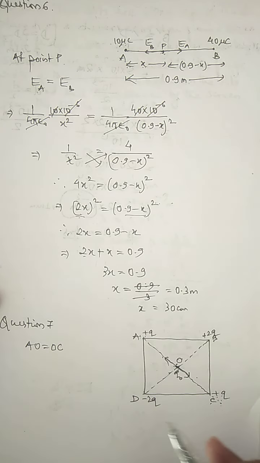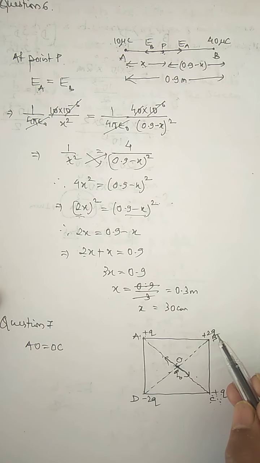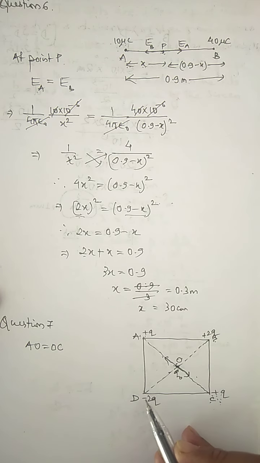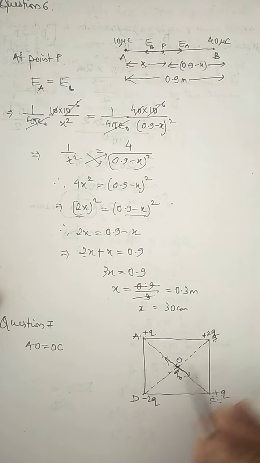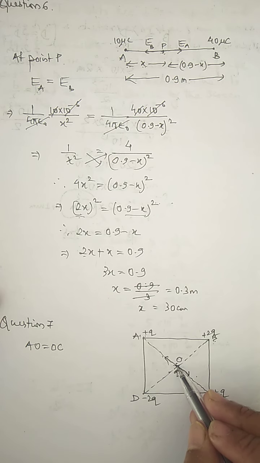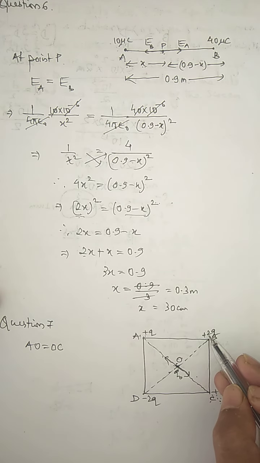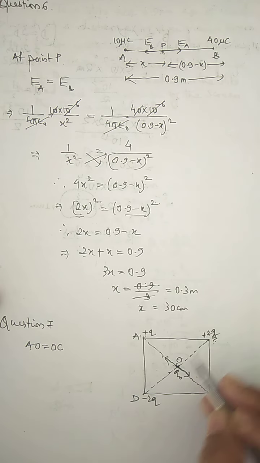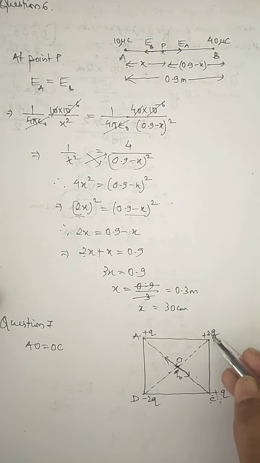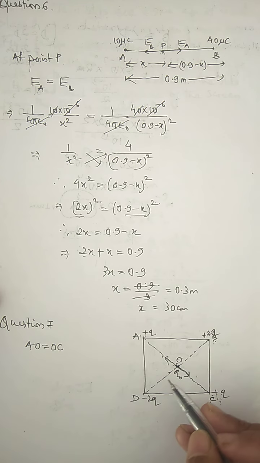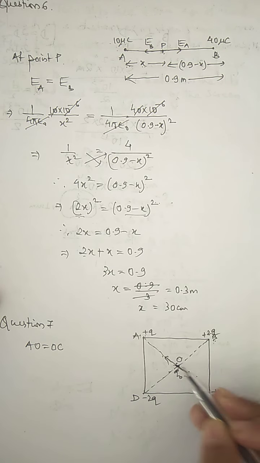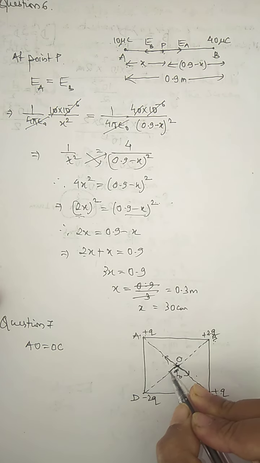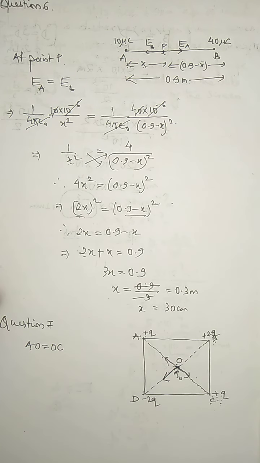But there are the other charges, which are plus 2Q charge at B and minus 2Q charge at D. So this is also the diagonal of the square. So these charges also exert force at O. This is plus 2Q charge and the test charge is a positive charge. So between 2 like charges, they repel, and the force on O will be in this direction.